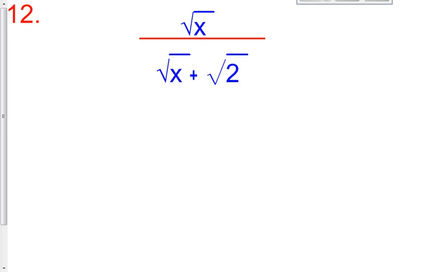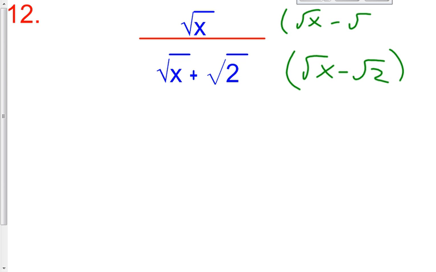Last one, number 12. We're going to multiply by the complex conjugate, so the square root of x minus the square root of 2. Multiply the top by that as well. Square root x minus the square root of 2. As we distribute the numerator, square root x times square root x is x.